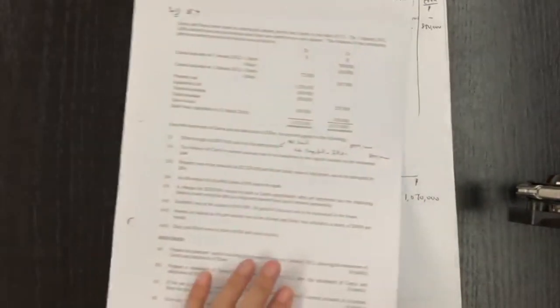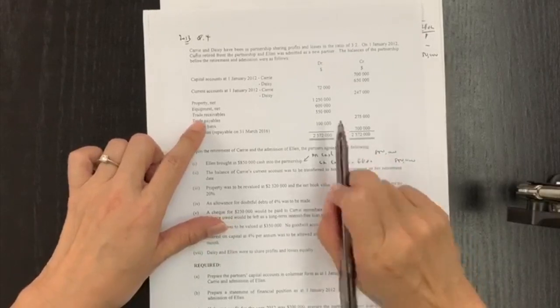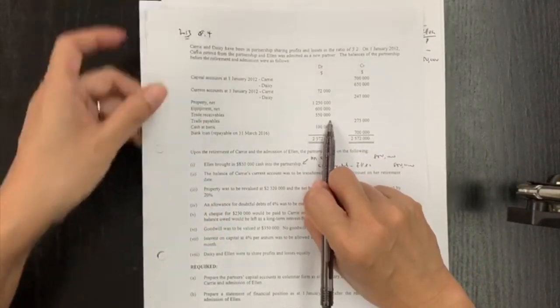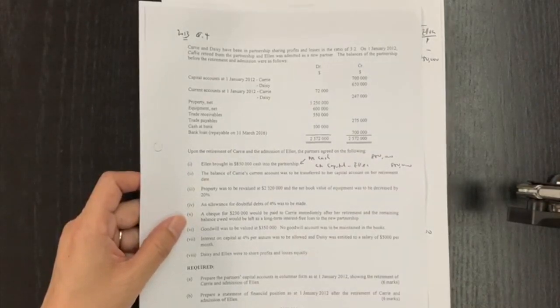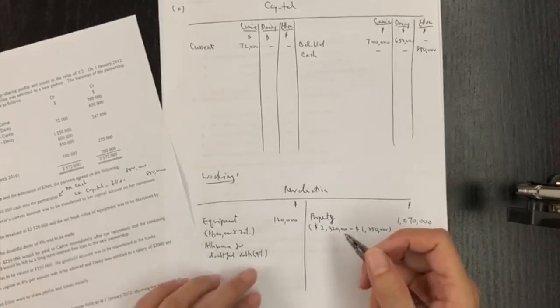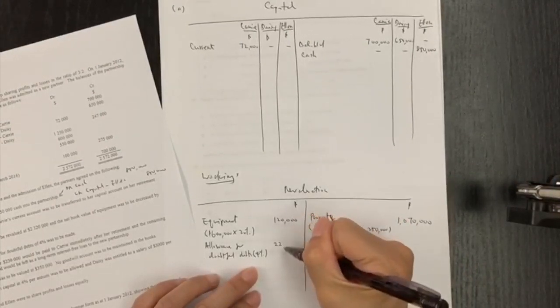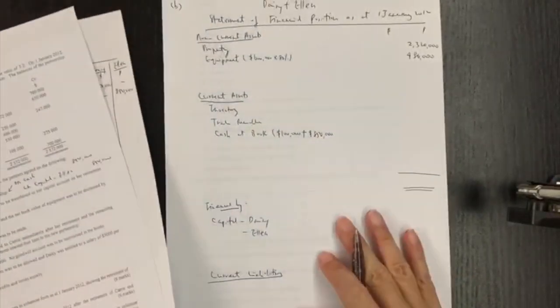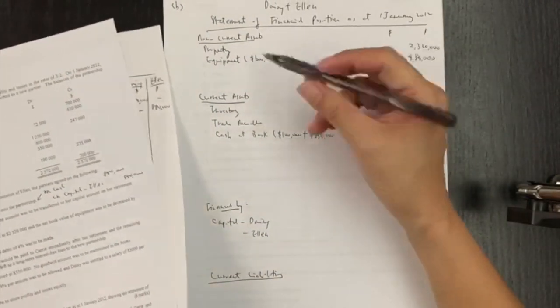So therefore the 4% on original trade receivable, which is 550. So I have 550 times 0.04. Okay, so here I have 22,000.